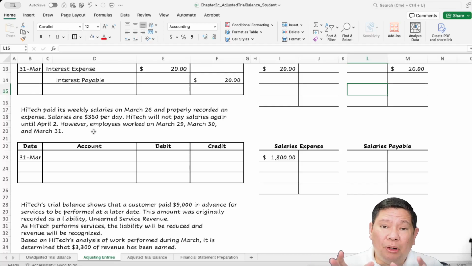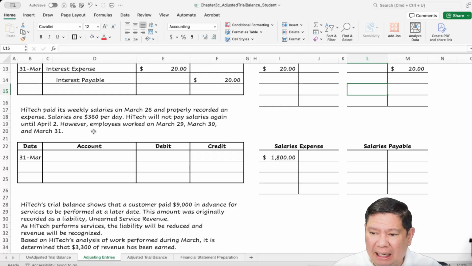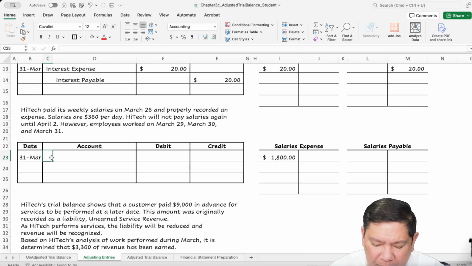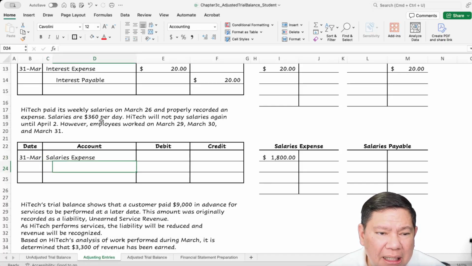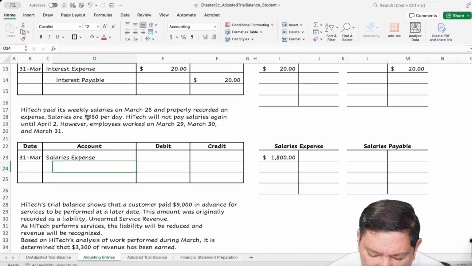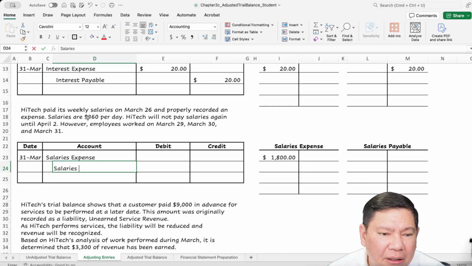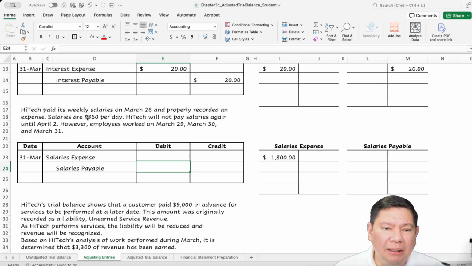However, the portion that the employees have worked in March has to be recognized as an expense. So we're going to put salaries expense here, and because the payment will be done April 2nd, we're going to put salaries payable, one expense and one payable.